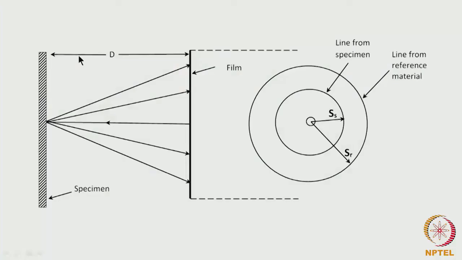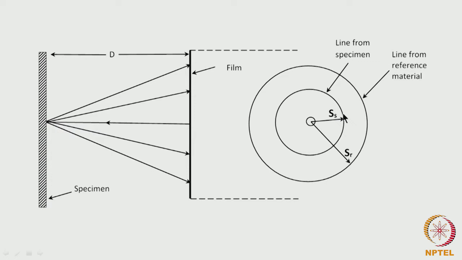Provided we know the value of d, the distance between the specimen and the film, just by knowing the d-spacing of the reference material from the recorded Debye ring for the reference material, we can easily find out what the d-spacing for the specimen should be, by measuring the radius of the Debye ring.